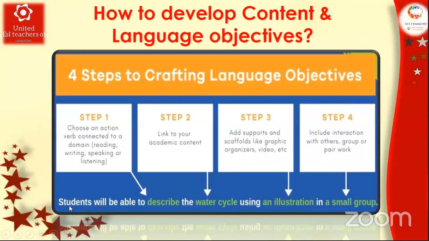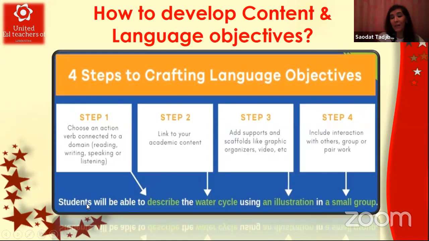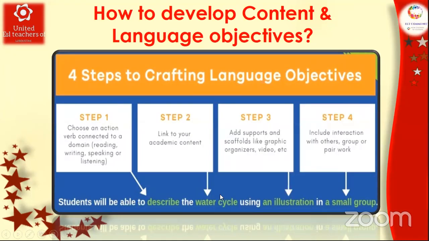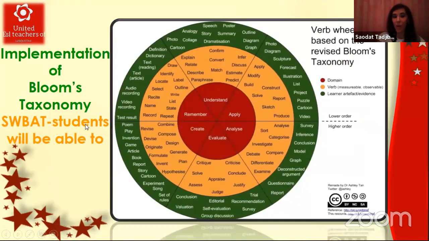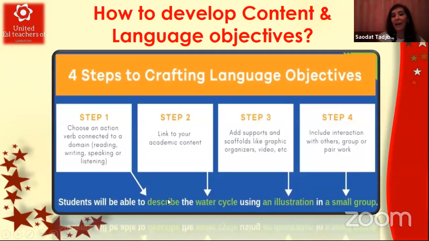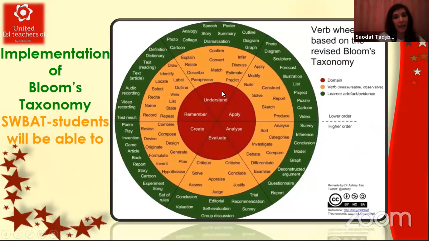You see, our language objective for the first cycle is ready. Students will be able to, I am writing this one, or you can contract it, right? And then I am choosing the domain from here, and then I'm choosing the verb which is related to this domain.